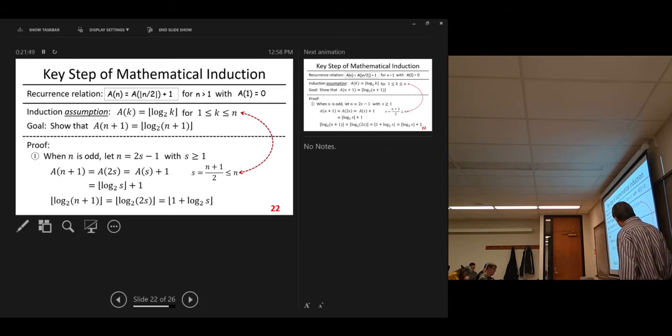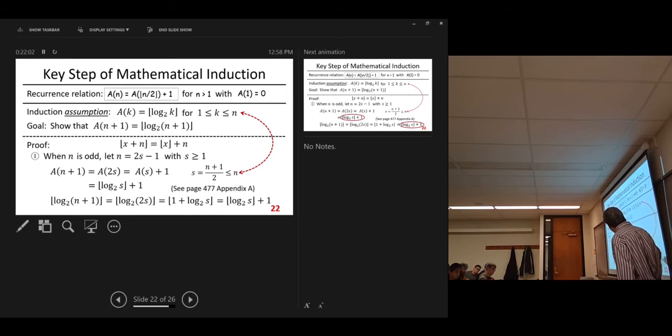Let me refer to a formula. If we move it outside, we get this. But if you are not sure, let me give you the reference of the formula. Appendix A. On this page, there is this formula: for any real number plus an integer inside a floor function, we can move that integer out of the floor function.